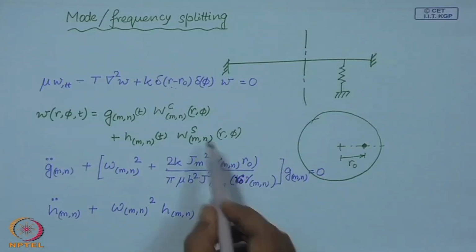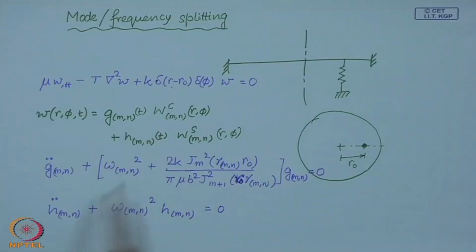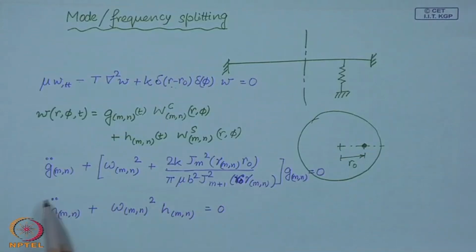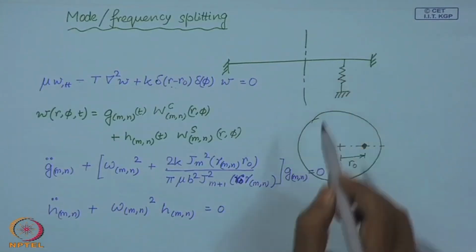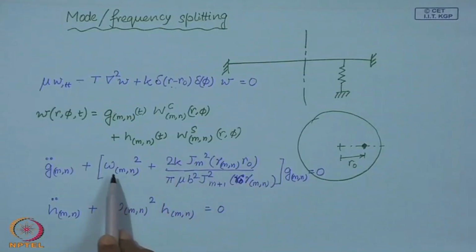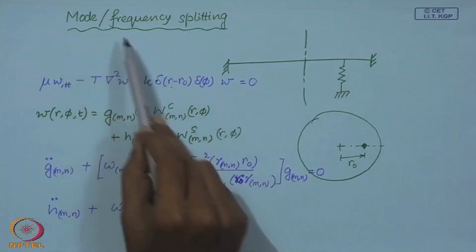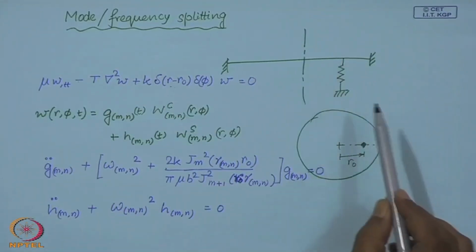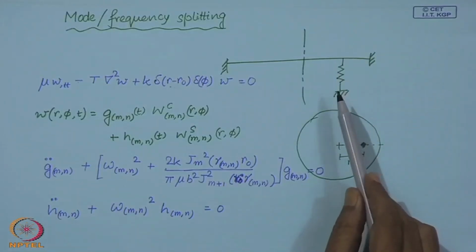You see that this corresponds to the sine modes, and the sine mode has the node here. So, the sine mode remains unaffected because of the spring, whereas the cosine mode gets affected, and this is the additional term that comes with omega m n square. Which means that the frequencies of these two modes now get separated. This is called mode splitting or frequency splitting. This takes place because of an external interaction, which, as you can understand, breaks the symmetry.